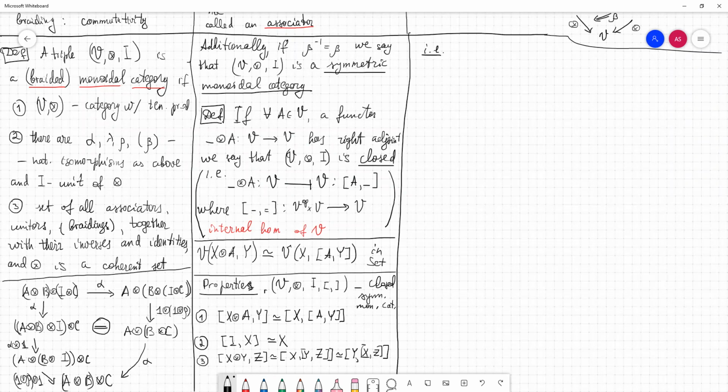In other words, blank comma Z from V to V is a contravariant functor, which is right contravariantly adjoint.